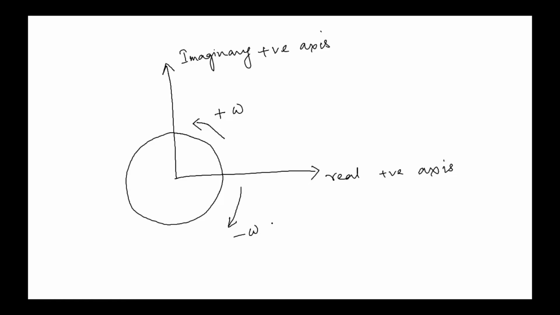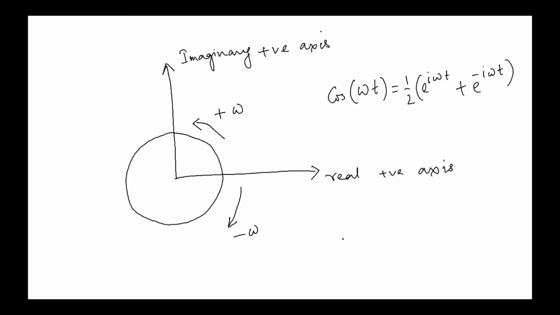A pair of complex sinusoids with opposite frequencies can combine to form a real sinusoid. If we write here cos omega t, then it is half of e power i omega t plus e power minus i omega t.